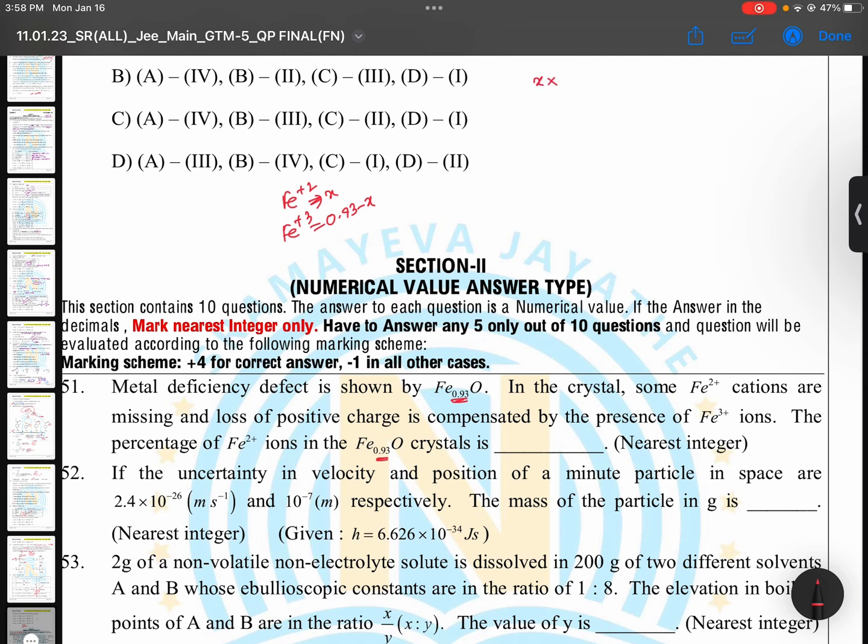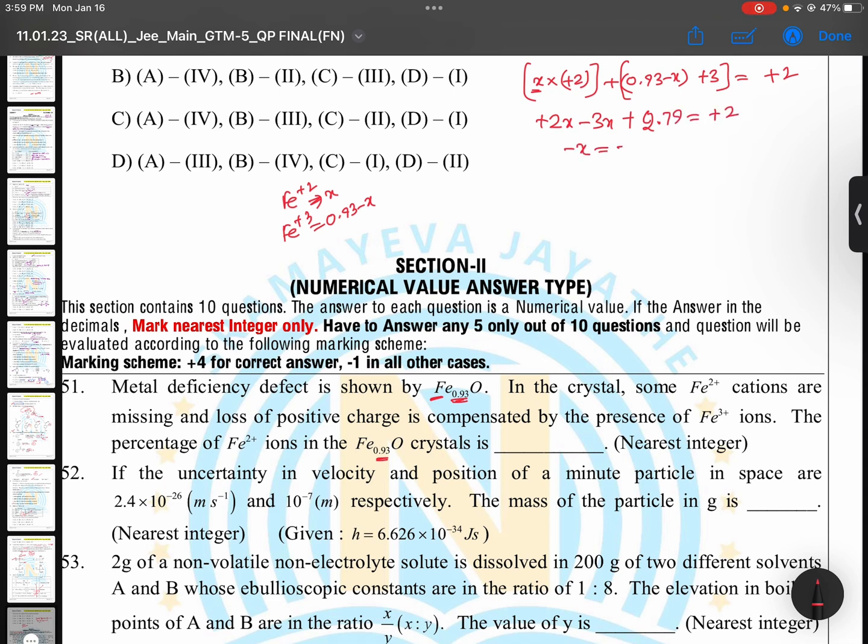So x times the +2 oxidation state plus (0.93 minus x) times +3 equals the total oxidation state of iron, which is +2 per 0.93. So that is 2x minus 3x plus 2.79 equals 2.